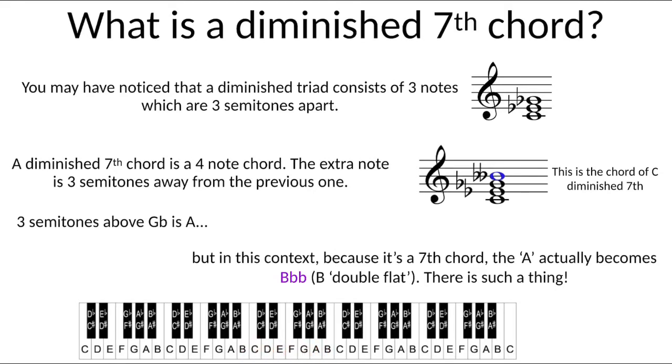If we're calling this a 7th chord, we have to call it B something. C, D, E, F, G, A, B, that's 7 steps, 7 letter names. We've made it a double flat. So here's the B, here's the B flat, here's the B double flat. Of course, enharmonically, that is an A, but in the context of this chord, we call it a B double flat.